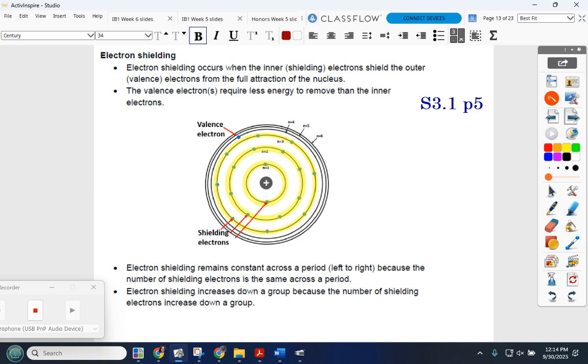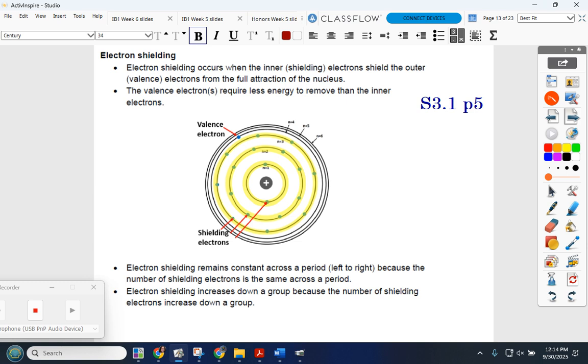But those core electrons do actually play a role because you can think of them sort of like layers of insulation between the valence electrons and the nucleus. Because the electrons all repel each other, having a bunch of electrons between the valence electron and the positive charges in the nucleus buffers the attraction a little bit.